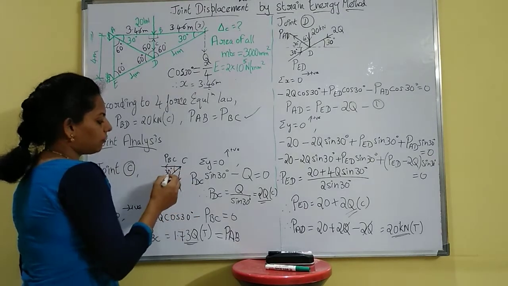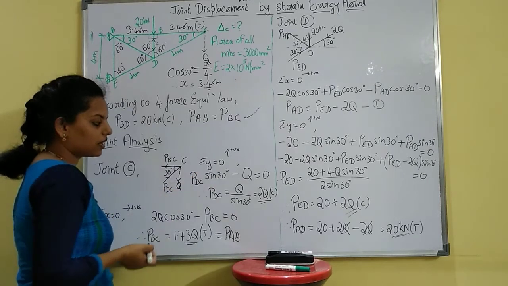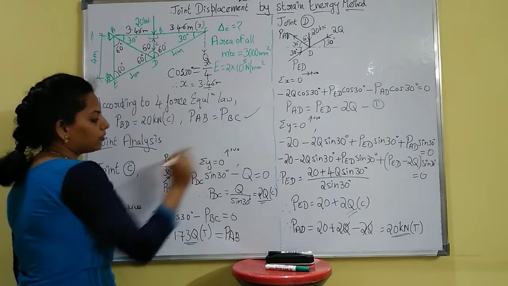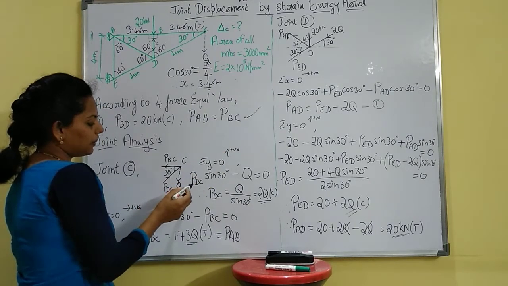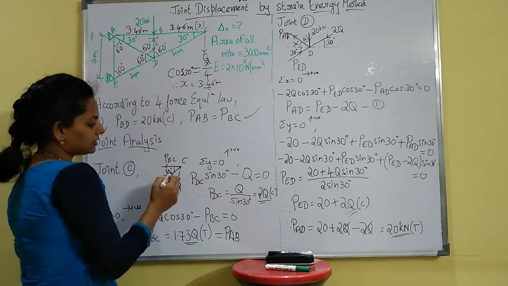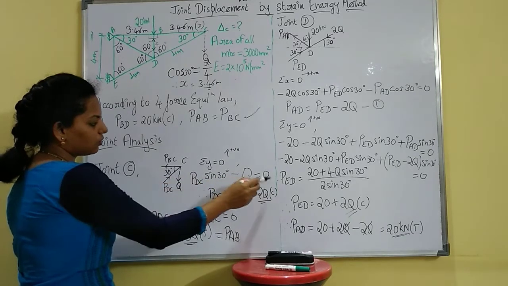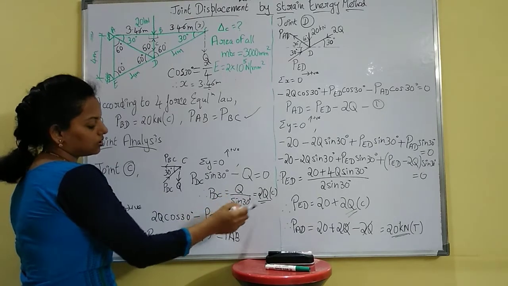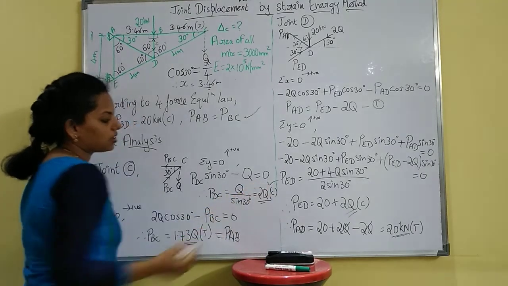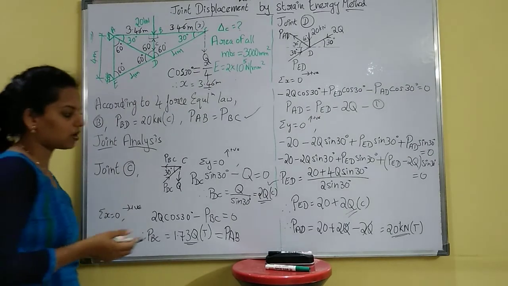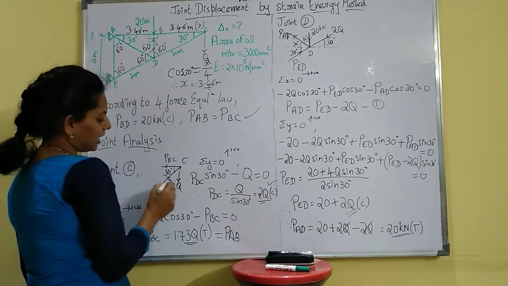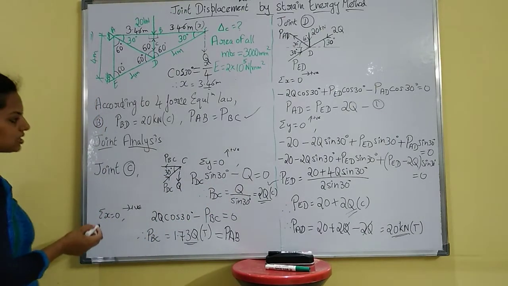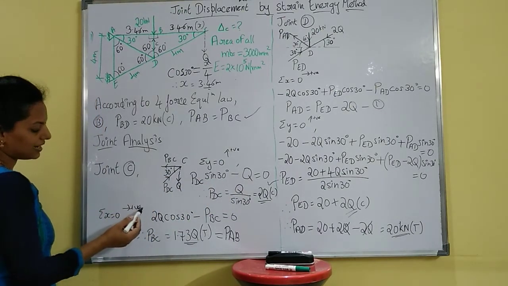Okay, after this step, next find out the equilibrium law, that is summation y equal to 0, upward as positive. You have this PDC upward, so PDC sin 30 minus Q equal to 0, and PDC is Q by sin 30. You will just solve this, and you will get the value in terms of Q. Here all the values you will get in terms of Q, that is 2Q, and your direction is towards the joint, so it is compression C. Similarly, summation x equal to 0, towards right as positive.